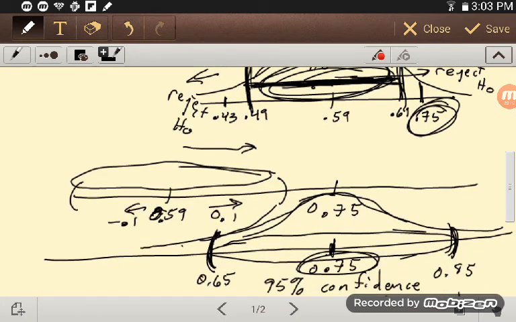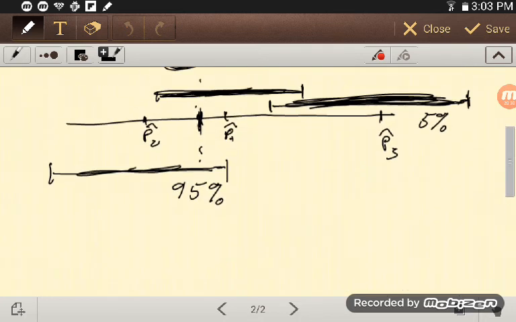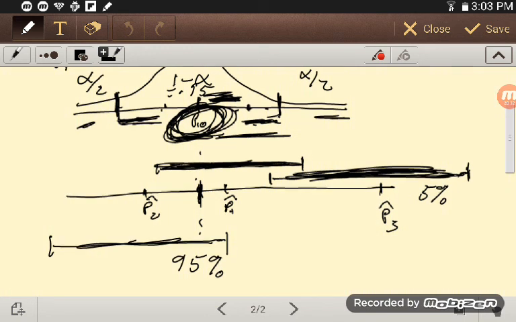And if we've done everything correctly, then with alpha equal 0.05 and a 95% confidence interval, we would expect 95% of the time we end up with an interval that contains the right answer, and 5% of the time we would end up with an interval that actually doesn't contain the answer.